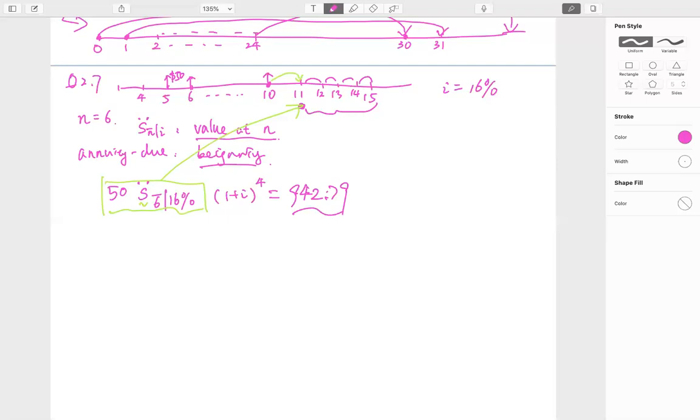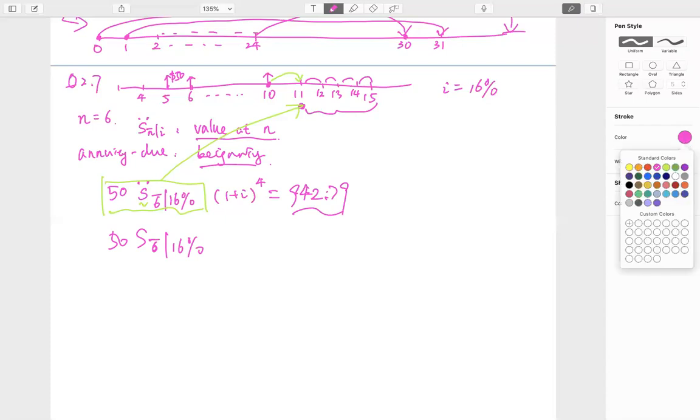Of course, you don't have to do this. The question says treat it as annuity due. You can treat it as annuity immediate if you want. If you treat it as annuity immediate, the payments are always made at the end of the year. So if the last payment is at time 10 years, that is the end of the year.